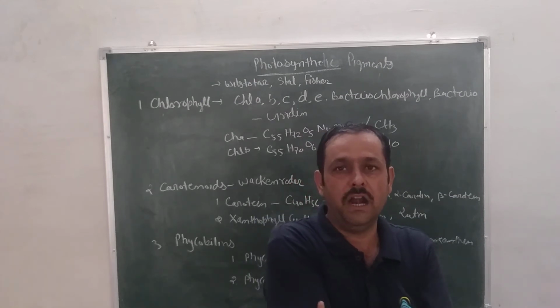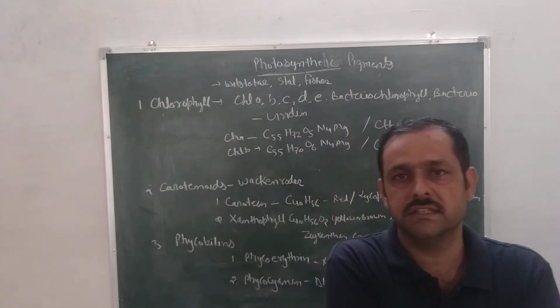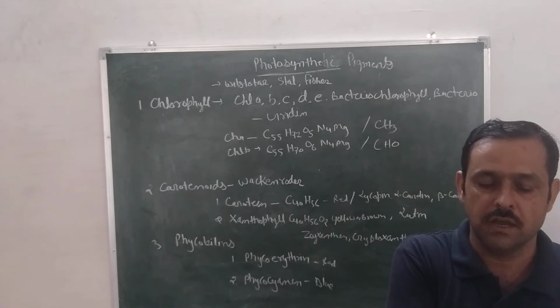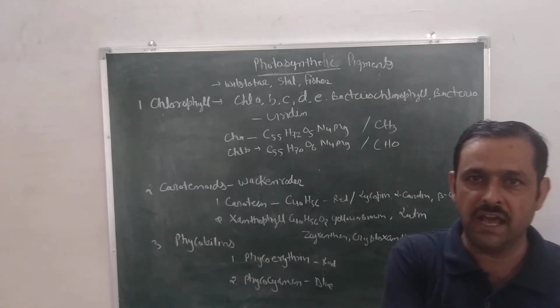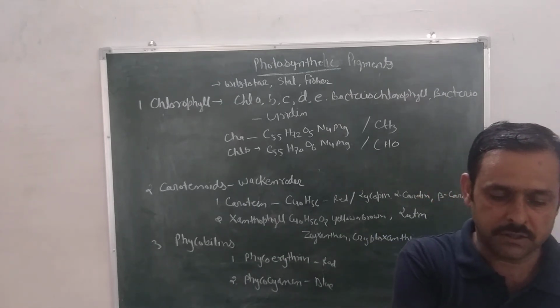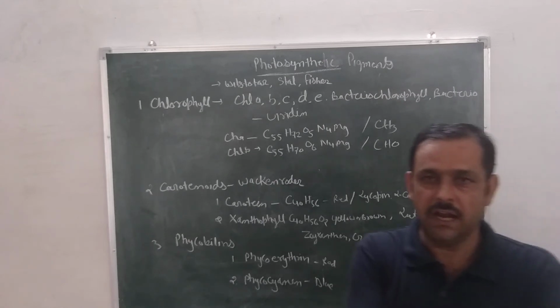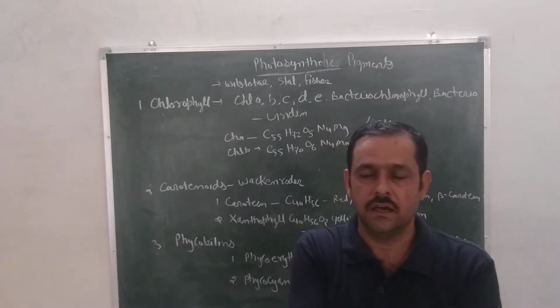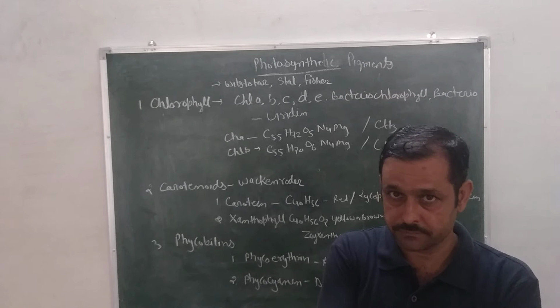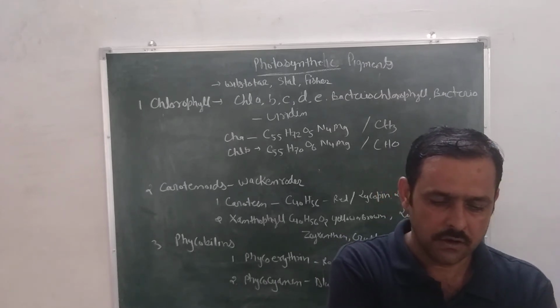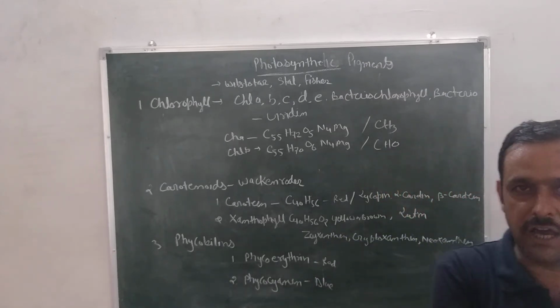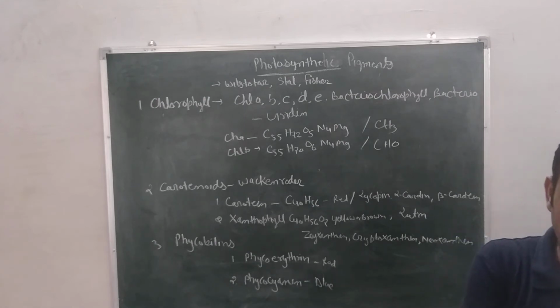The head part of the chlorophyll is made of the porphyrin ring or tetrapyrrole ring, and the handle of the chlorophyll molecule is a hydrocarbon tail called phytol.